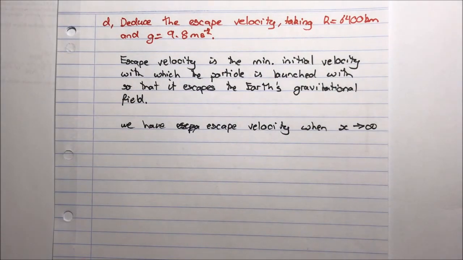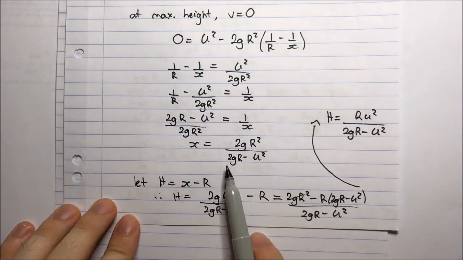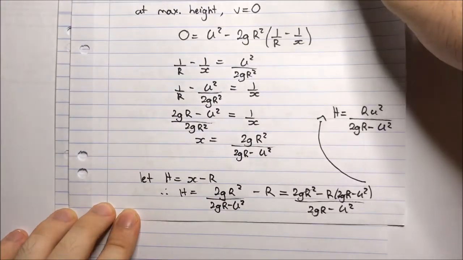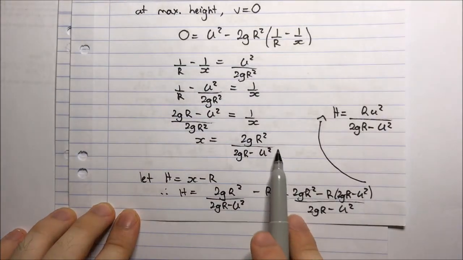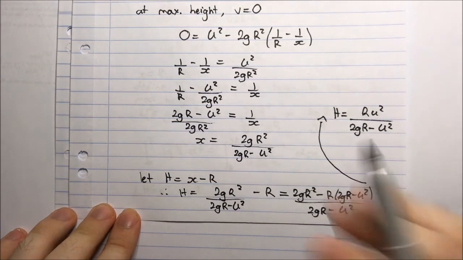Alright, so if x is approaching infinity, let's have a look at our expression for x, which we worked out in part B. Here it is again, x equals 2gR squared divided by 2gR minus U squared. So if x is going to infinity, then the denominator should be going to 0, so that this gets larger and larger.